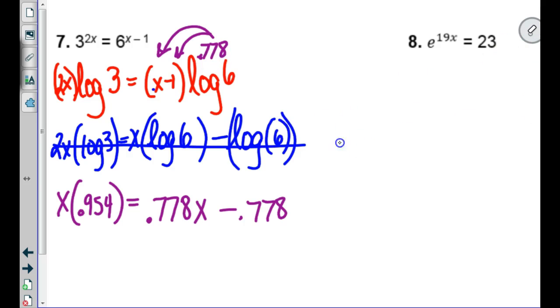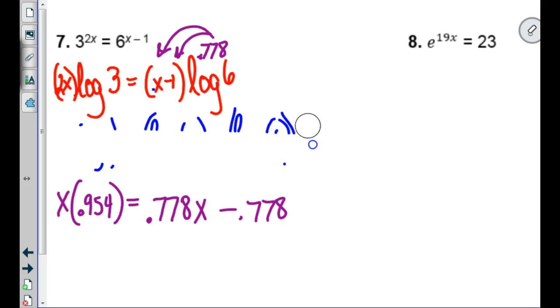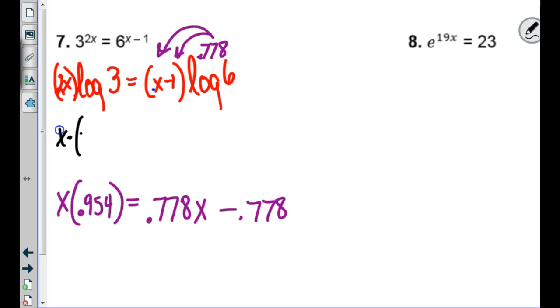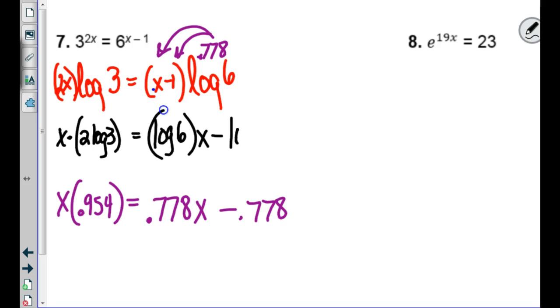All right, let me rewrite it. So we had x here times 2 log of 3. We type that in. And over here, we had the log of 6 times x minus the log of 6 times 1, which is what became all this.